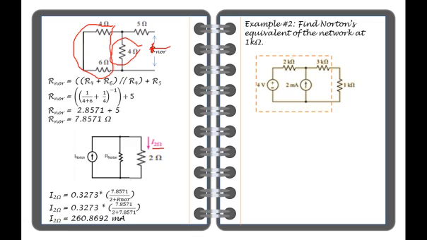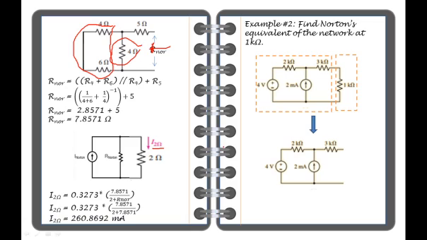The complex network, within the dashed square, is the complicated circuit, and the 1 kilo ohm is the load circuit. Therefore, removing the load will leave us with an open circuit where the 1 kilo ohm has been removed.